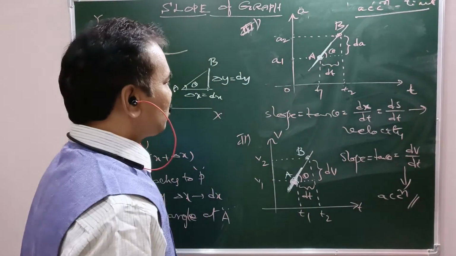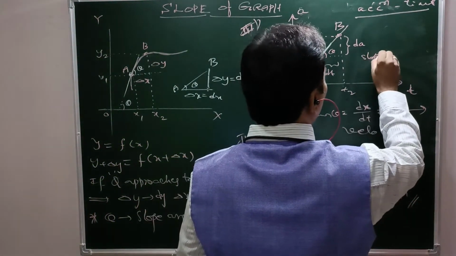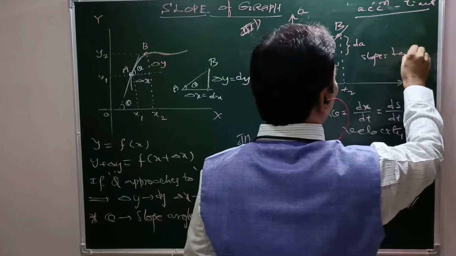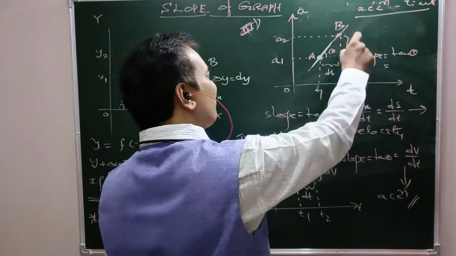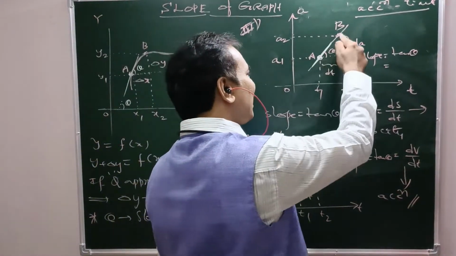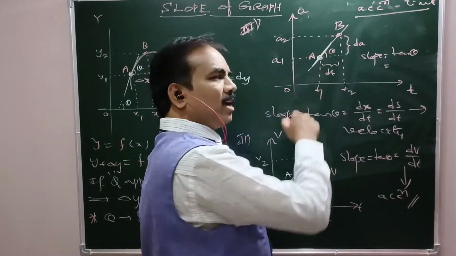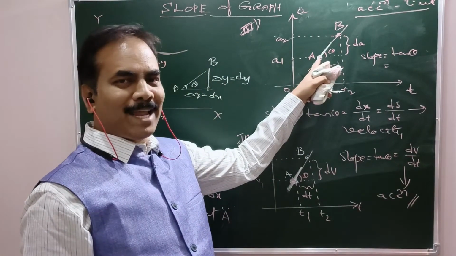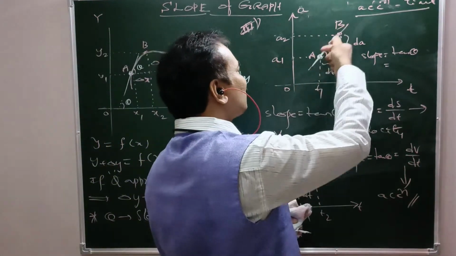Now here, what is slope? Slope equal to tan theta. That is tan theta means change in y coordinate by change in x coordinate, that is dA by dt. See this right angle triangle. If I take one tangent here at point A to the curve, that coincides with the line itself.